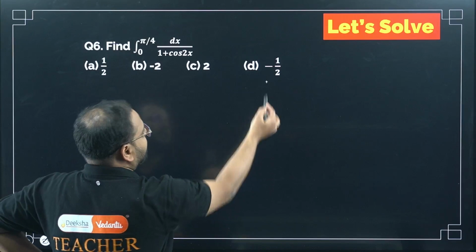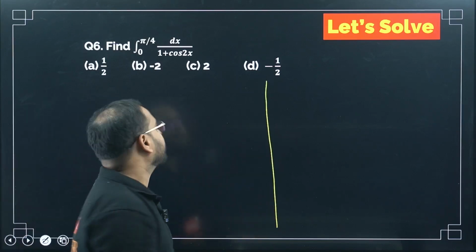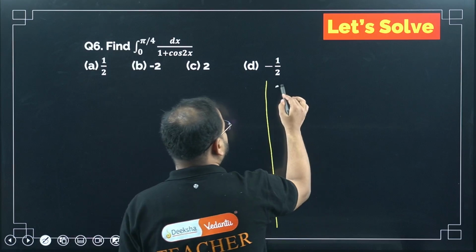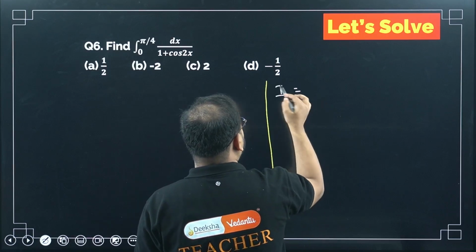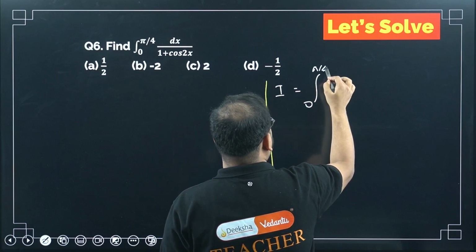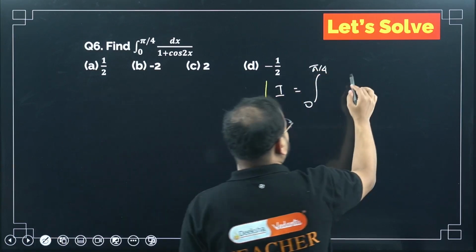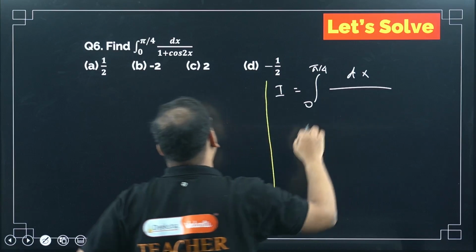Let's see. Again, use of the formulas of trigonometry. My integral I is equal to, the upper limit is pi by 4, lower limit is 0, dx I'll keep as it is. Look at the denominator now.